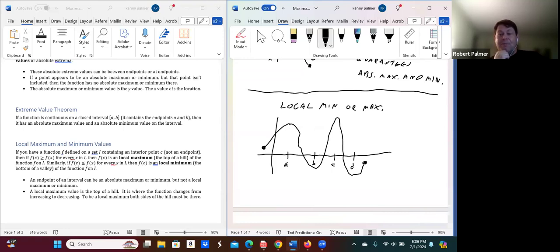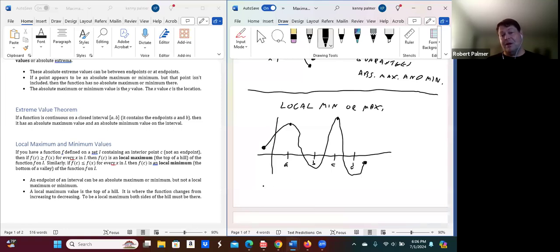This top right here, this y value is the highest point around. So that makes it what's called a local maximum. So is this one. This is actually higher, but they're both local maximums.